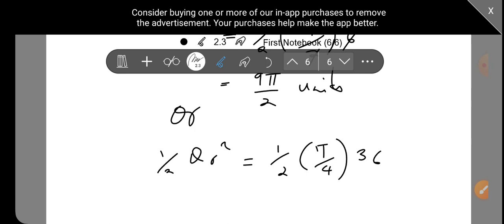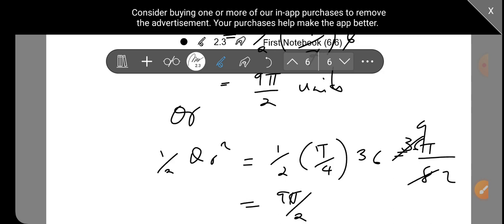When you simplify, this becomes pi by 8, and here you have 36. So 4 into 36 is 9, giving 9 pi by 2 square units.